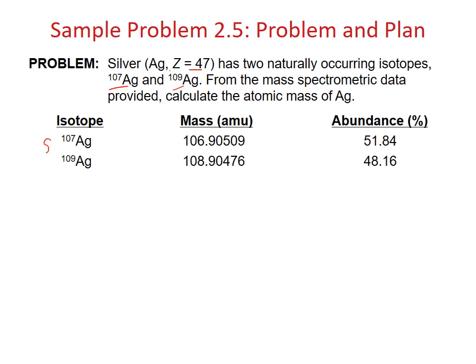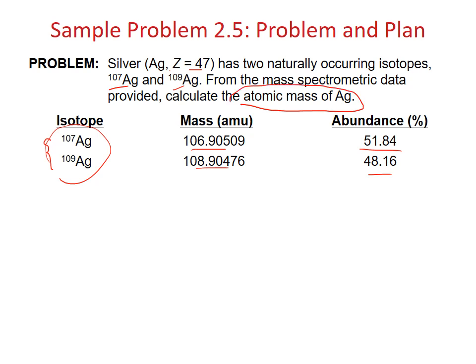Silver has two isotopes with different masses in atomic mass units, and these are the abundances. It means that in nature, a silver sample is a mixture of these two isotopes: 51.84% is silver 107, and 48.16% is silver 109. So what is the atomic mass of silver?